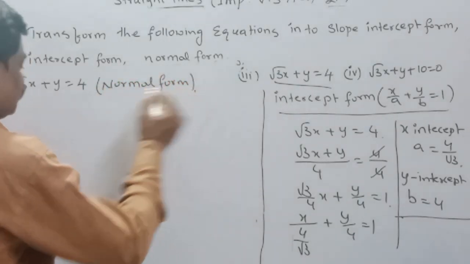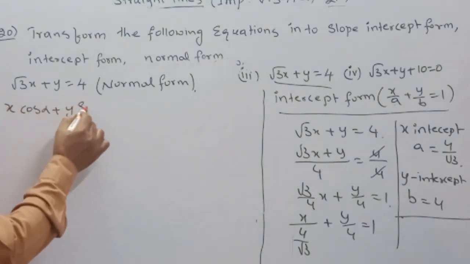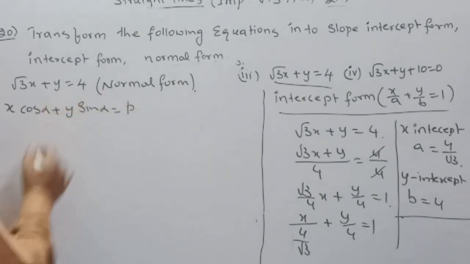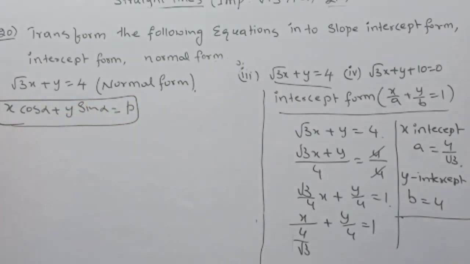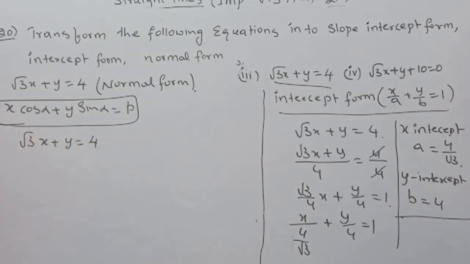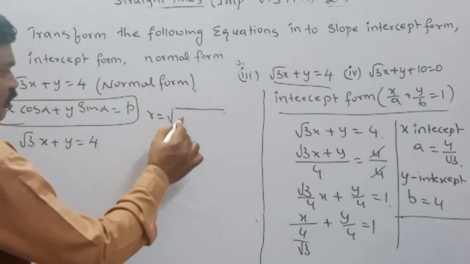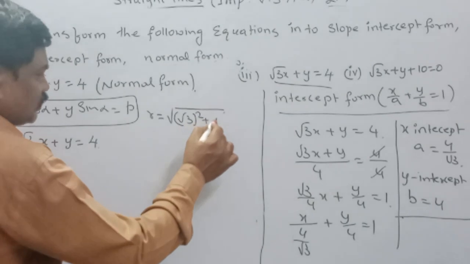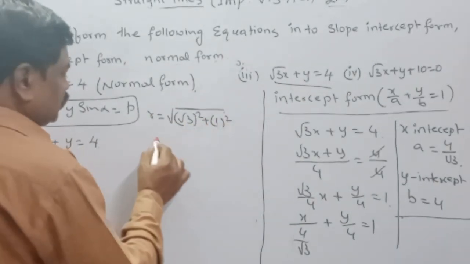What is normal form? Normal form x cos alpha plus y sin alpha is equal to p is the normal form of the line equation. So this is root 3x plus y is equal to 4. Here first we have to find the r value. R is root of root 3 whole square plus 1 whole square, that is x coefficient whole square plus y coefficient whole square.